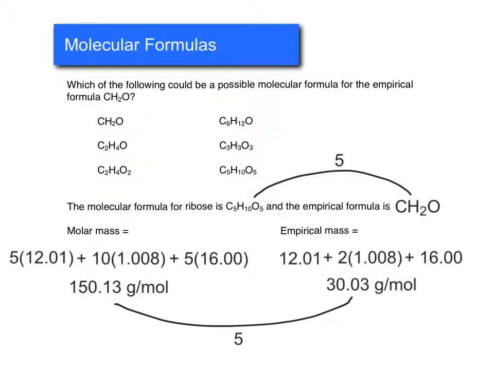So if we did 30.03 times 5, we would get the molar mass, which is 150. Okay, so that is the relationship between the molar mass and the empirical mass, which you can get by looking at the relationship between the molecular formula and the empirical formula.